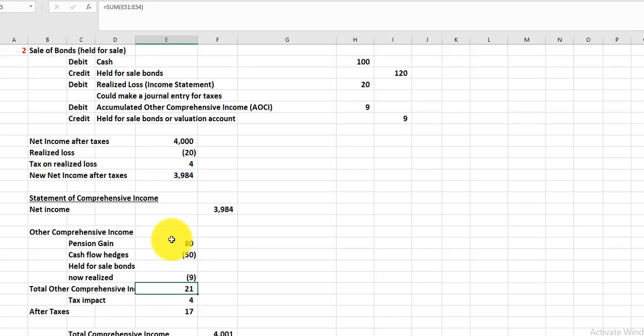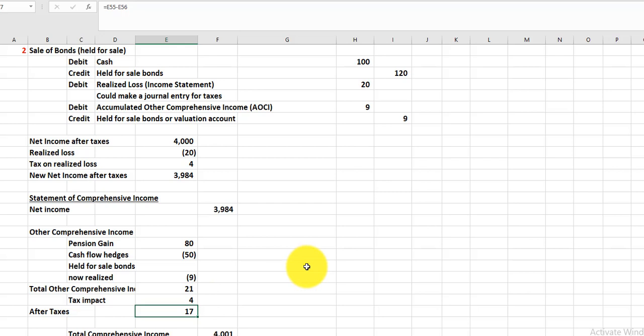So together, this gain, loss, and loss have total other comprehensive income of 21. We calculate taxes at 20% of that, round it off, and we have a tax impact of 4. Subtract that, and we get our amount after taxes of 17.